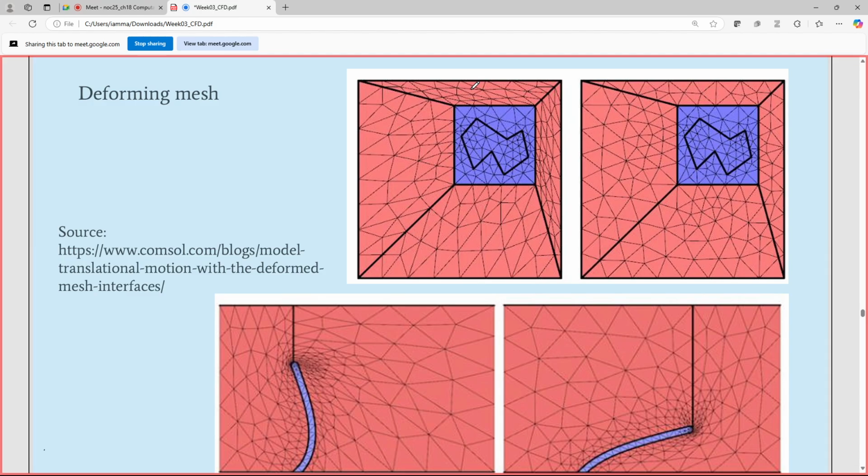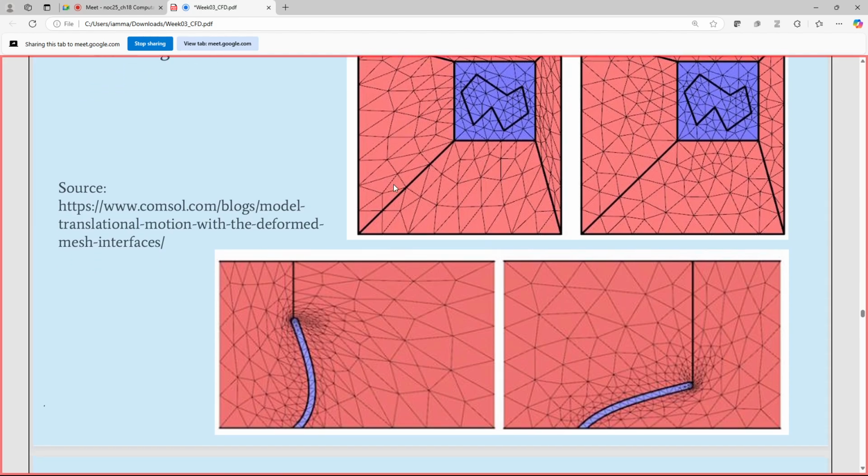And next one is deforming mesh. If you see this picture, this portion is a solid portion and this is the fluid portion. If you see in these two images, the elements are changing.